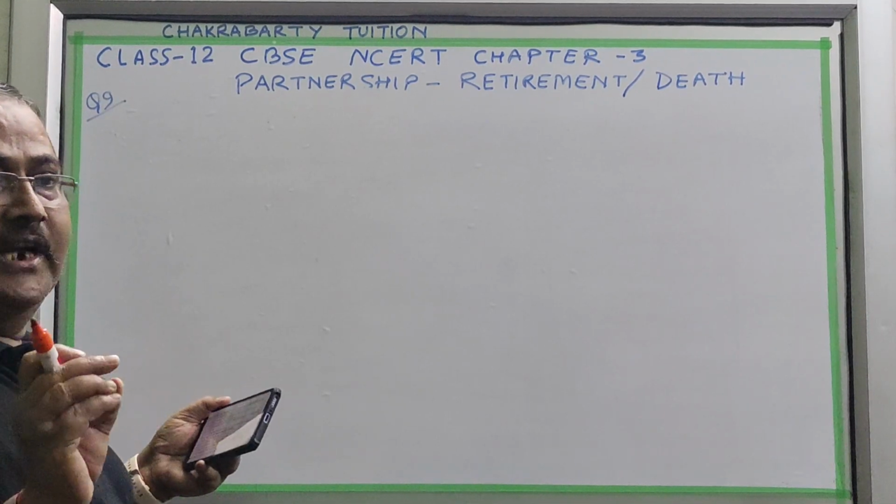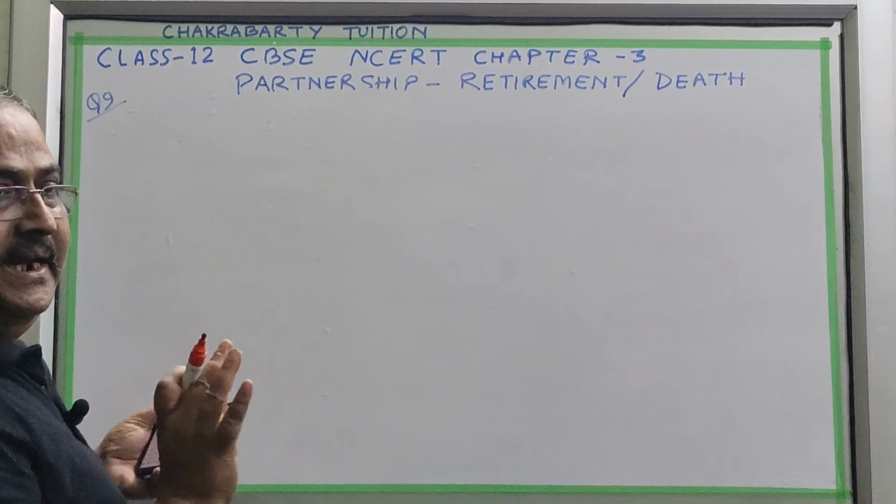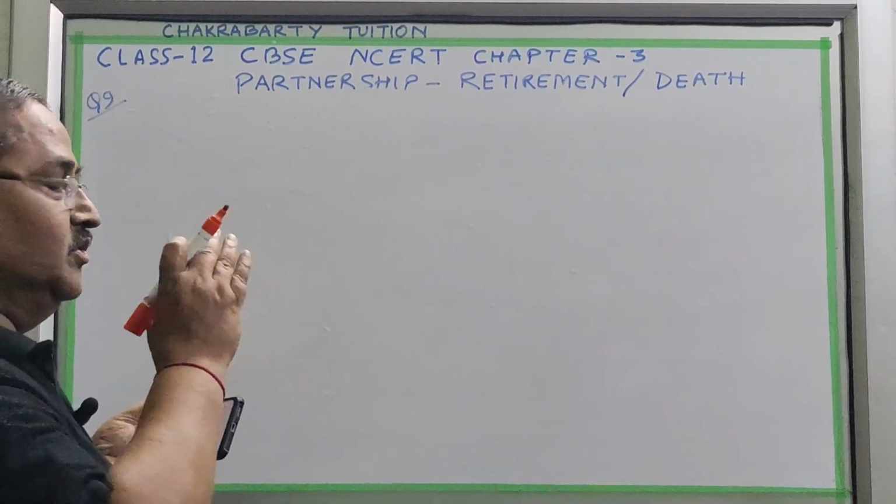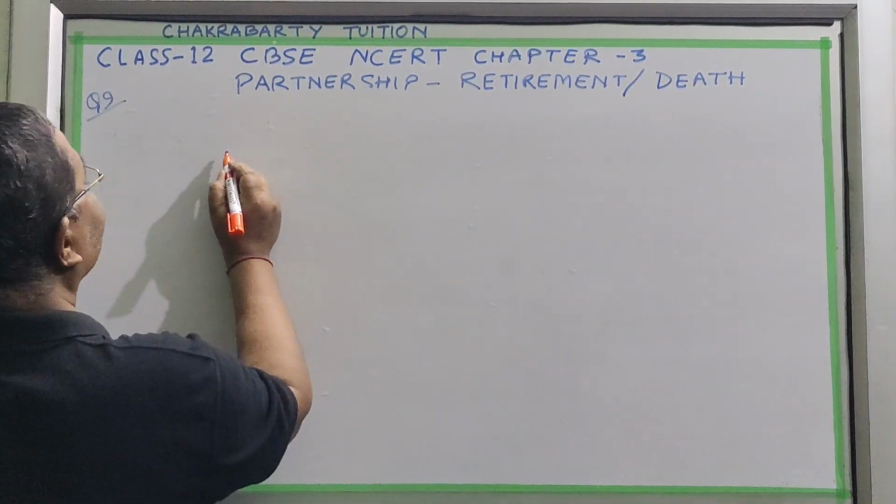At the end, one more entry you can do. Whatever balance is in Rocky's account, you can transfer to his executor's account. So what will be the last entry?